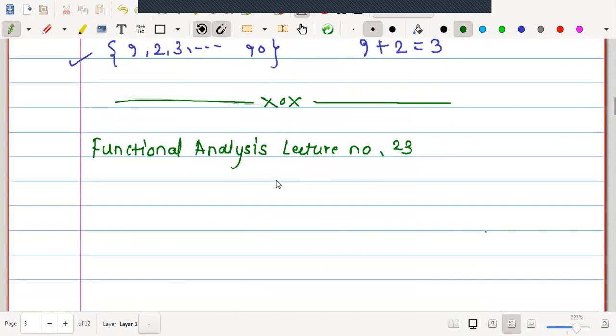Let me write the statement of the theorem. The theorem is: let N be a normed linear space.